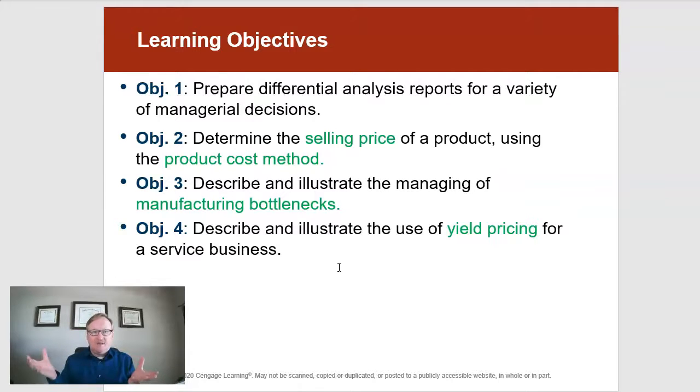Anyway, bottleneck means we're in manufacturing and we're making something, and there's something inhibiting the output. They call this a constraint. And one of my favorite topics in managerial accounting, as you know, everyone's my favorite topic. If you listen to me long enough, they're all my favorite topics. But one of them really is the theory of constraints.